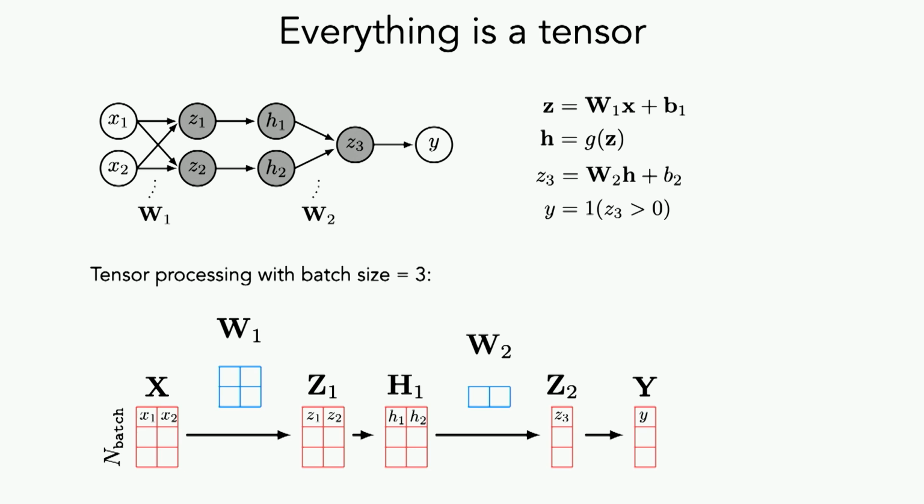And then we'll have a weight matrix, which is also a tensor. It's a two-dimensional tensor, a matrix. A tensor is just a multi-dimensional array. And then we'll multiply every item in the batch by this matrix to get a new representation Z1, Z2 for every item in my batch, every data point. And so everything is just a tensor. Everything is just linear algebra and tensor algebra.